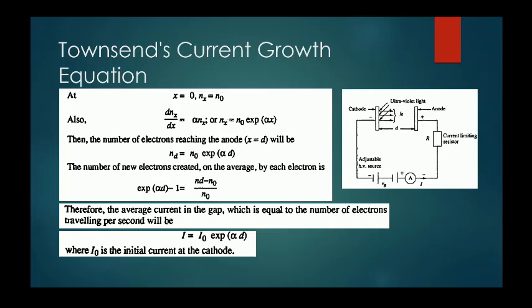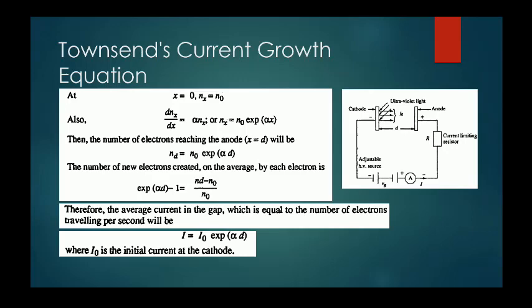Now nd is nothing but n0 into exponential of alpha d. The number of new electrons created on the average by each electron is given by exponential of alpha d minus 1, which is nothing but nd minus n0 by n0.